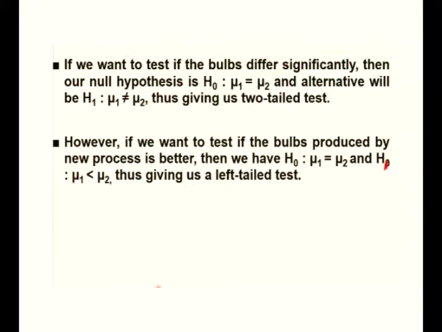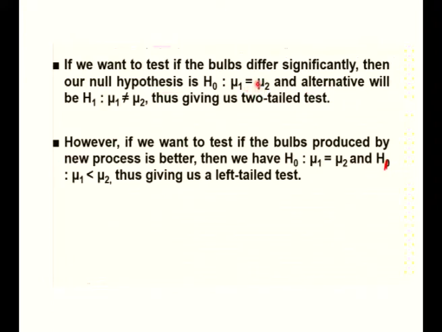And if we want to test if the bulbs differ significantly, then our null hypothesis is H0 such that mu1 is equal to mu2. Mu1 is equal to mu2 means the bulbs produced by standard process is actually mu1, and the bulbs produced by the new technique is mu2.